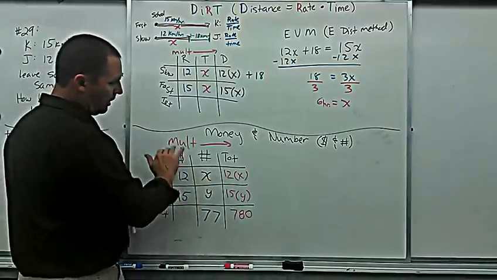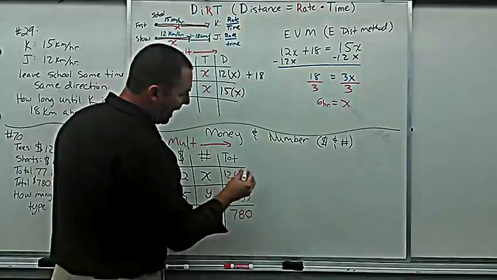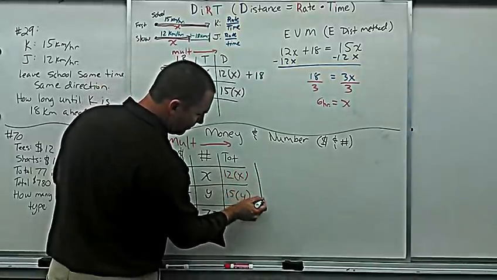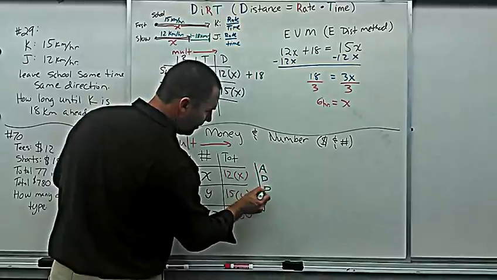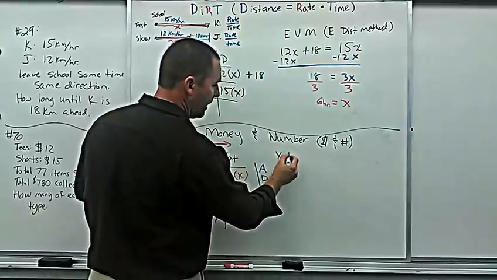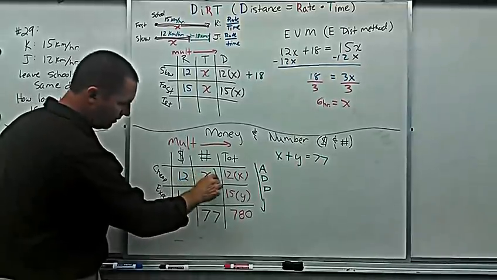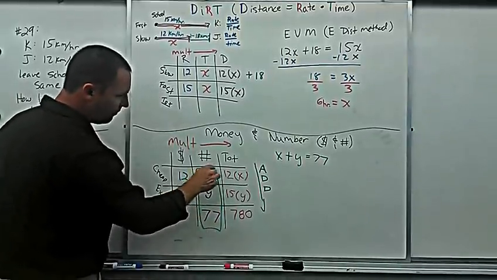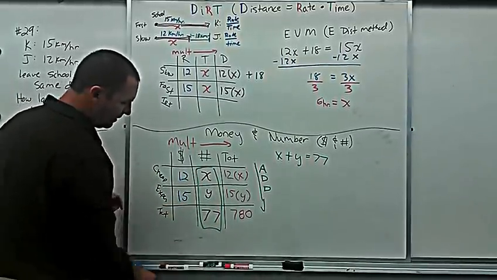So to fill in my chart, I multiply going across. Once my chart's filled out, then I add going down. So what I have here is x plus y equals 77. This one right here. Any place that I have a variable and numbers in the columns, I can add them together.